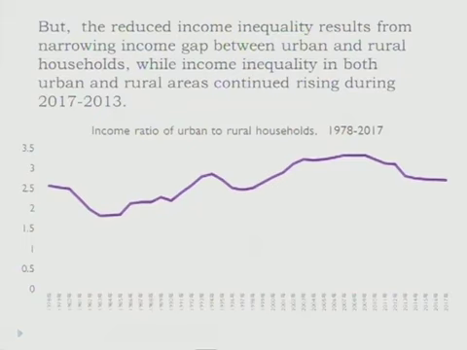If you look at the income ratio of urban households to rural households after 2007, you will find that the decline is significant.